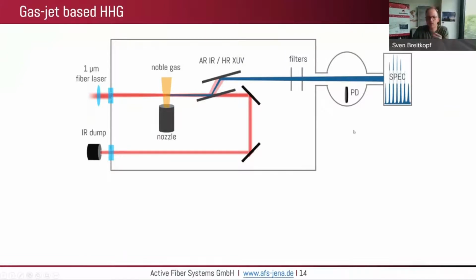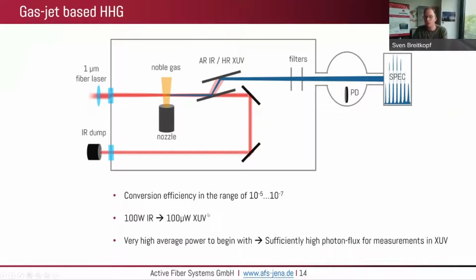And this XUV light, of course, has a very short wavelength, so it's ideally suited for imaging applications. And since the conversion efficiency is in the range of 10^-5 to 10^-7, you need to send in a lot of average power to get out a reasonable amount of flux and average power to work with. So that is why you need a very strong laser to begin with in order to have something left at the end.